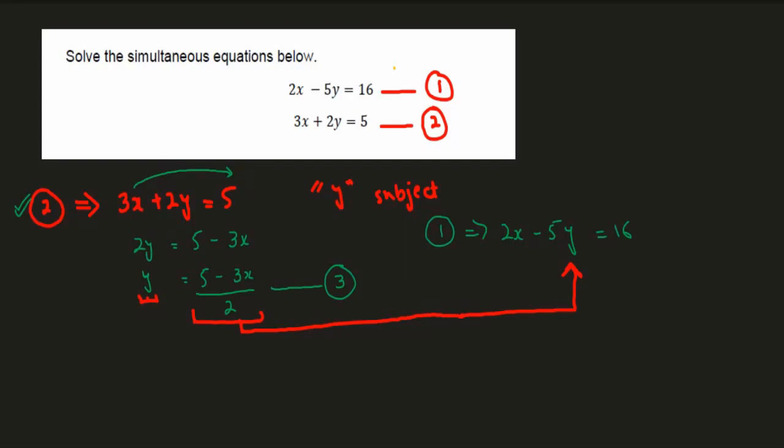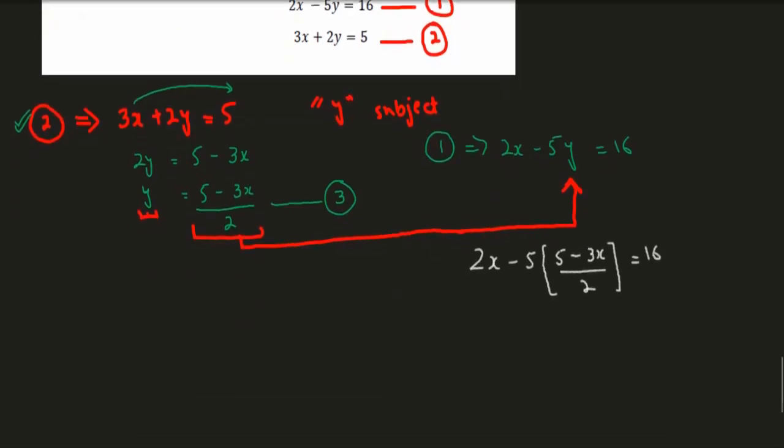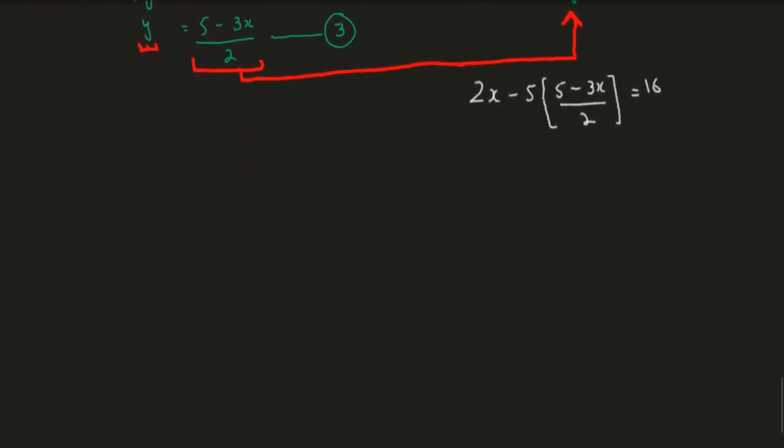So the equation would be 2x minus 5 bracket, the value of y which is (5 minus 3x) whole divided by 2, is equal to 16. Let me scroll down a little bit so I can solve it.